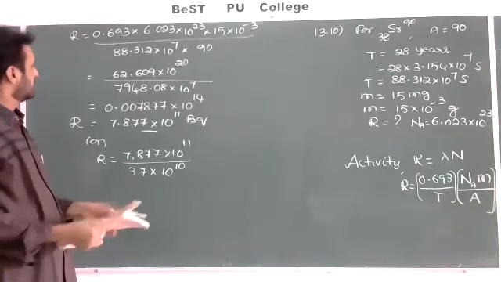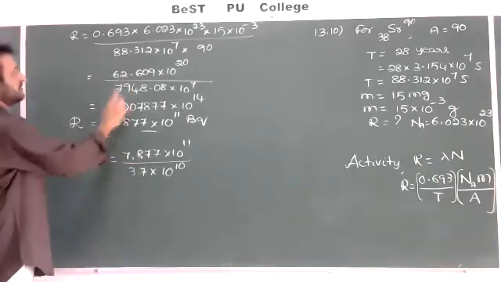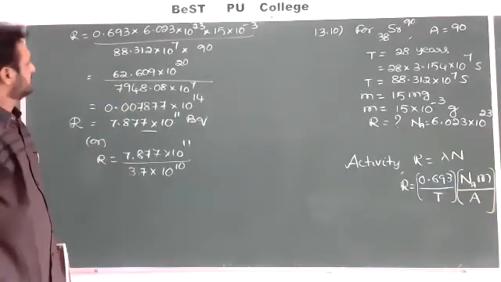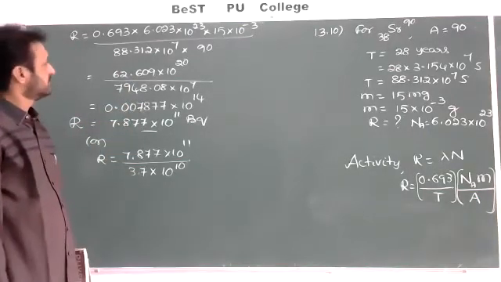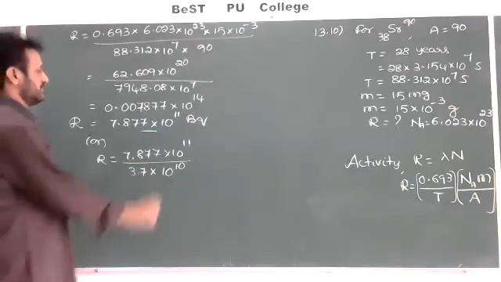Once again, one more zero is there, I think. Check this calculation. We have to get this value.